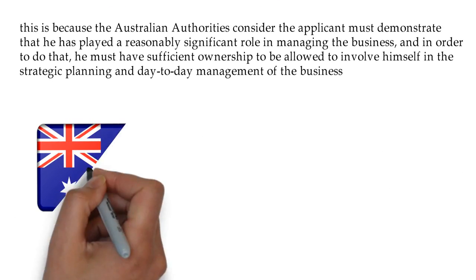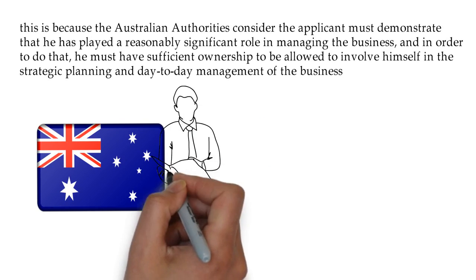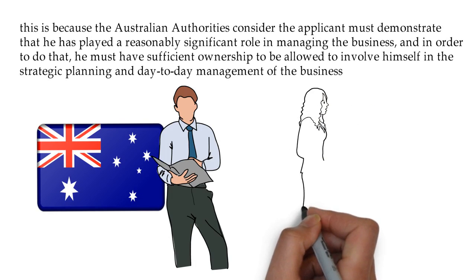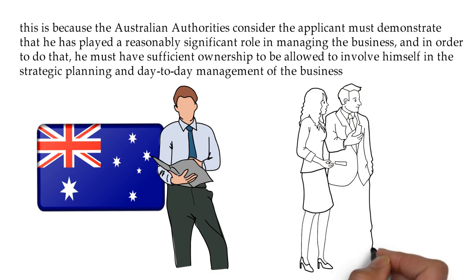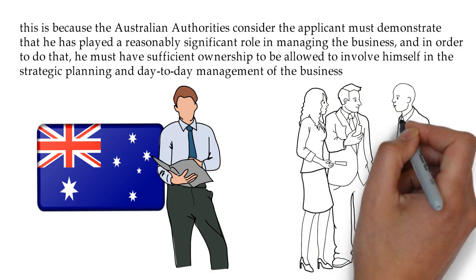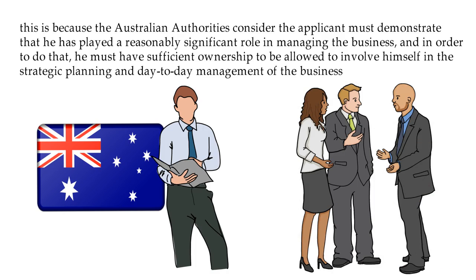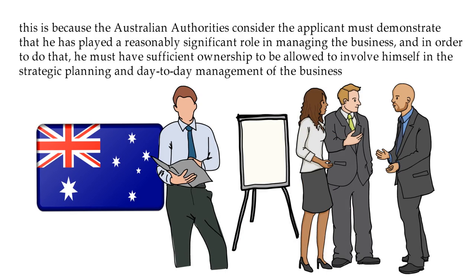This is because the Australian authorities believe the applicant must demonstrate that he has played a reasonably significant role in managing the business, and in order to do that, he must have sufficient ownership to be allowed to involve himself in the strategic planning and day-to-day management of the business.